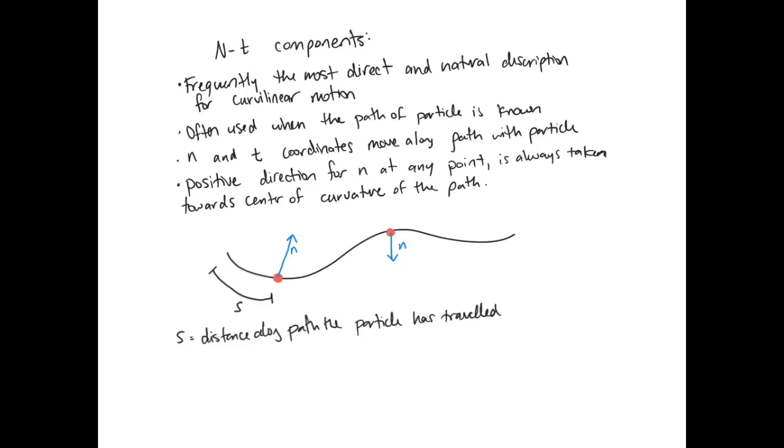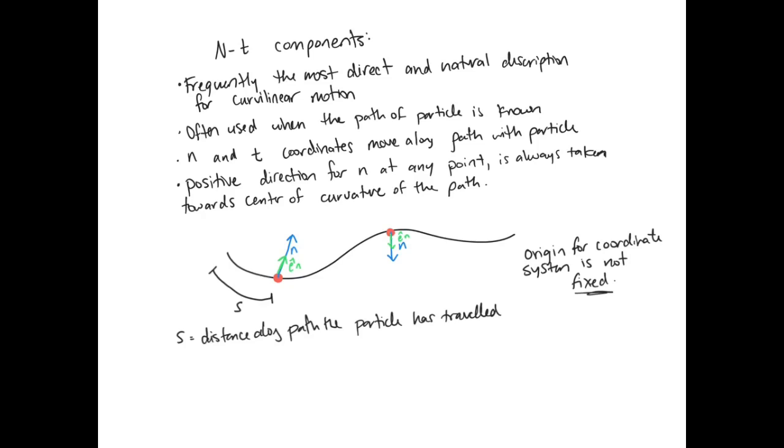The unit vector for that will be en, and it moves along n. So I'm just going to draw en going along here. The main point here is that the origin for the coordinate system is not fixed.